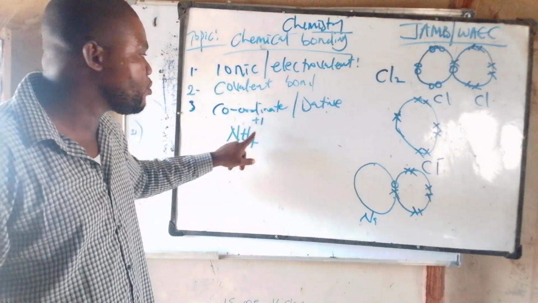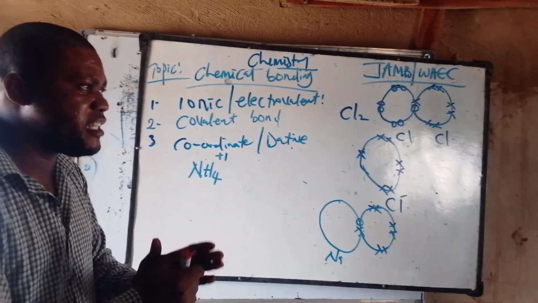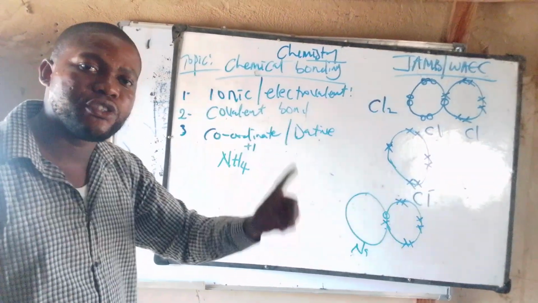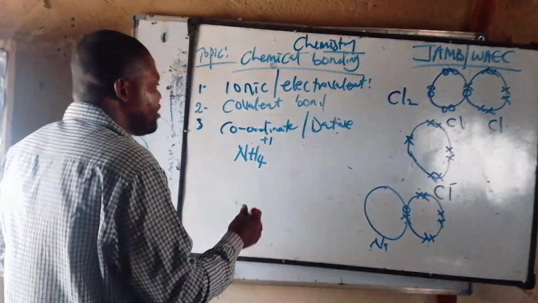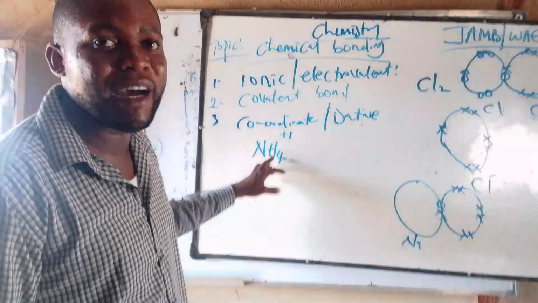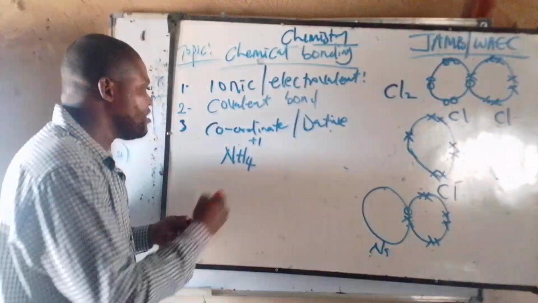It is mainly seen when two elements combine and they share just one charge. This type of bond is mainly seen in ammonium ion. NH4 is ammonium. And this charge you see here.